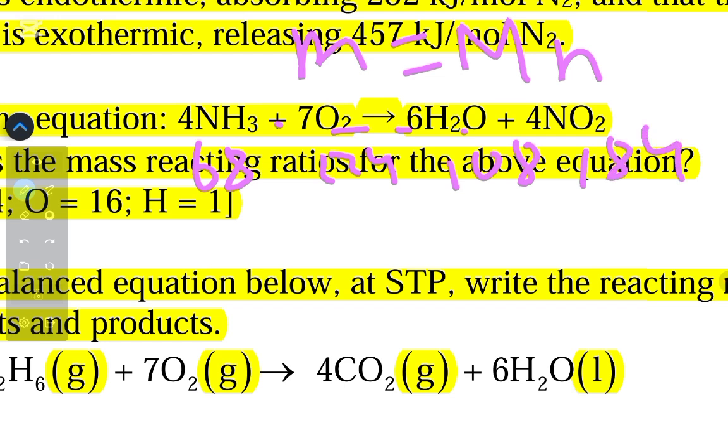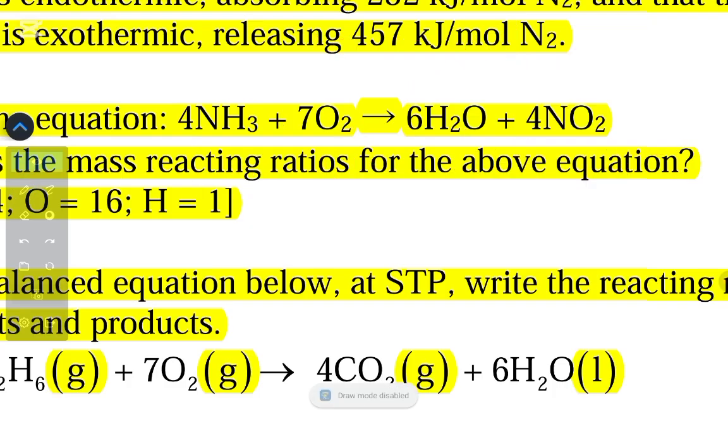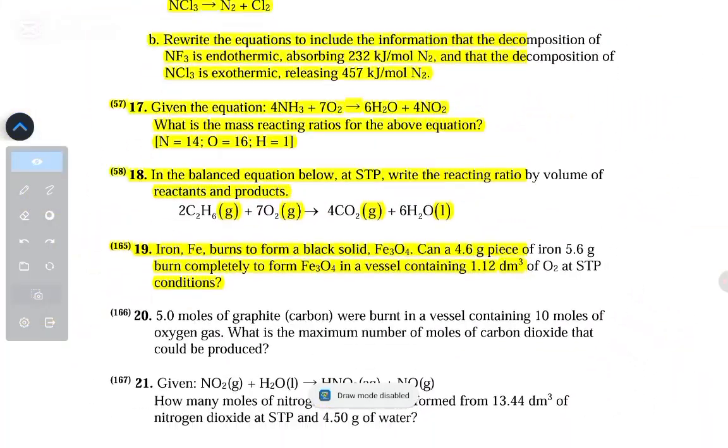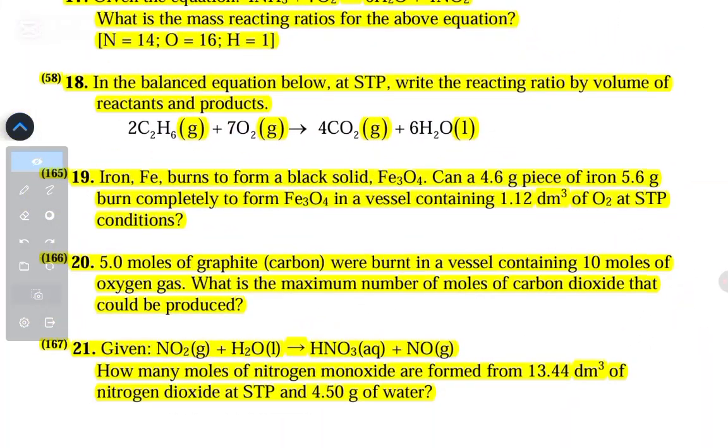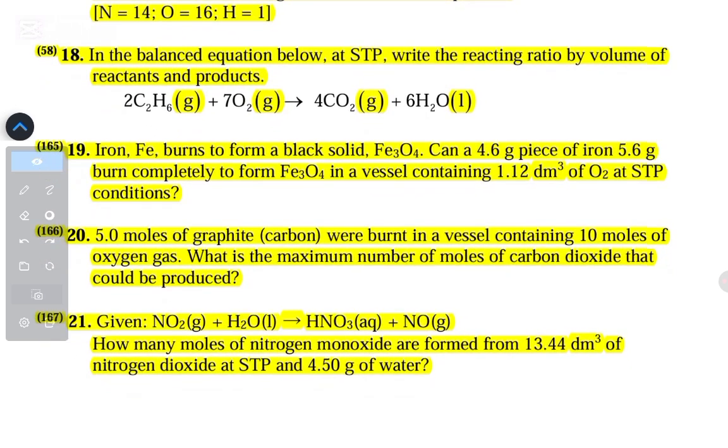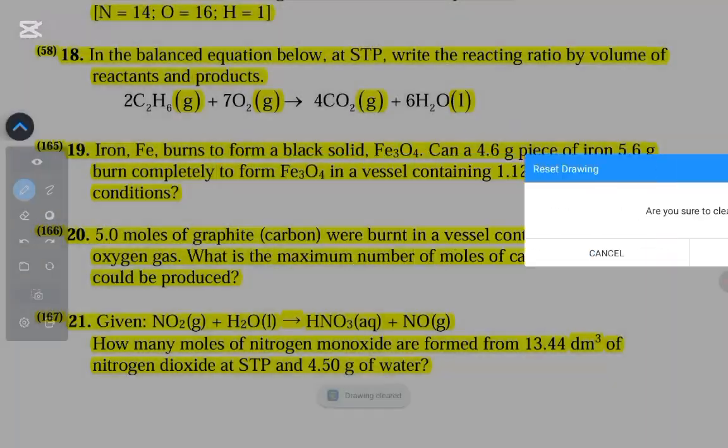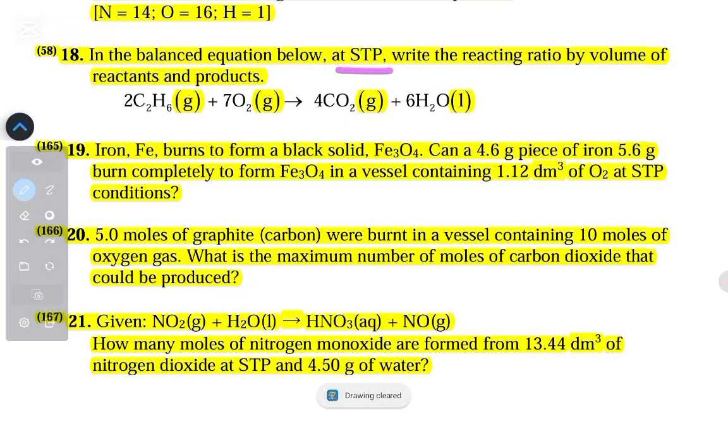In the balanced equation below, let STP, write the reacting ratio by volume of reactants and products. We know how to calculate the volume. We said STP, STP is 22.4. Volume is moles times 22.4 at STP or RTP. So we have all the moles here: 2, 7, 4, 6. 2 times 22.4 will give you 44.8.